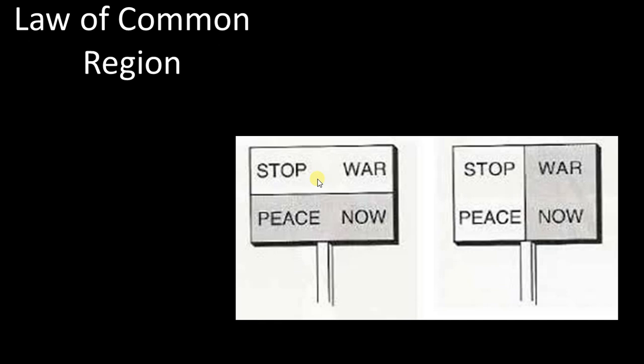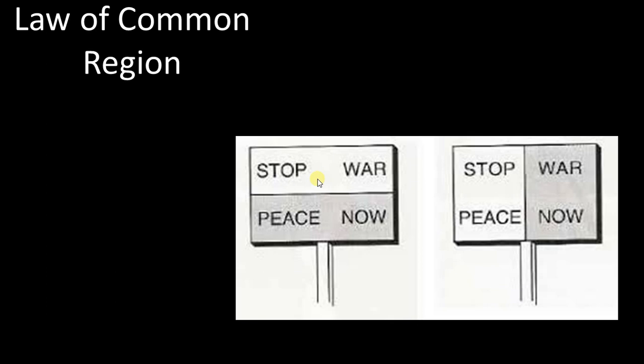Then comes law of common region. According to this law, we always perceive some items as a single group which are placed at a particular region. And see, in the first picture, there are backgrounds.